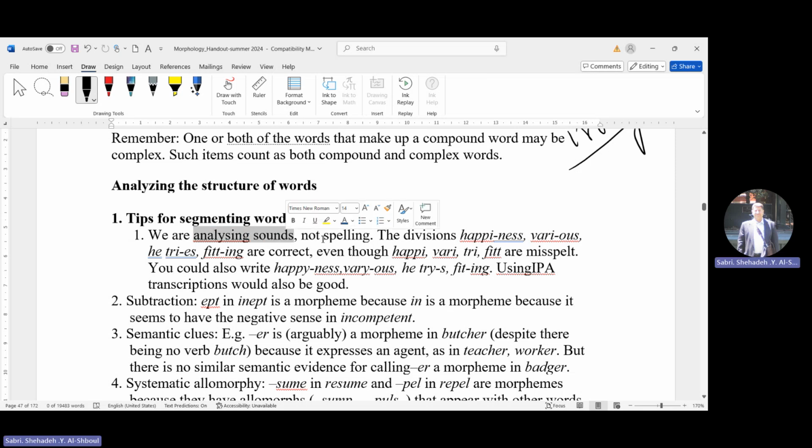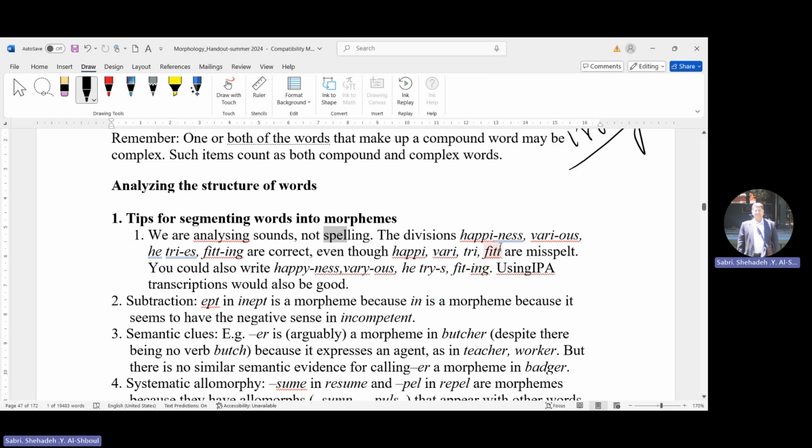Okay. So also when we talk about segmenting words into morphemes, we are analyzing sounds, not spelling. So for example, when we have the divisions of happiness, various, right, and so on and so forth, we have happy, we have very, we have try for tries, and so on and so forth. Fitting, and so on and so forth.